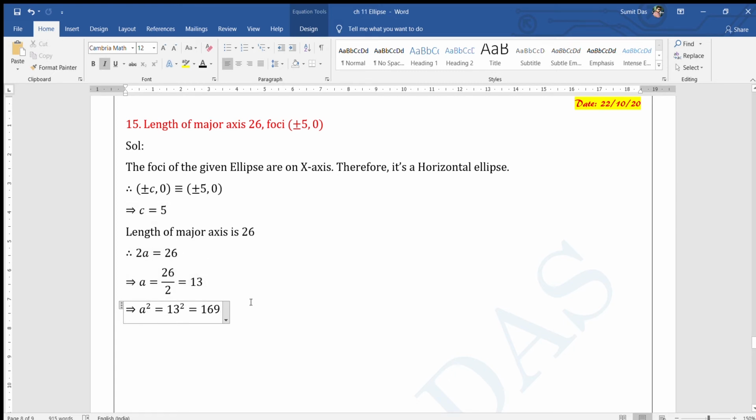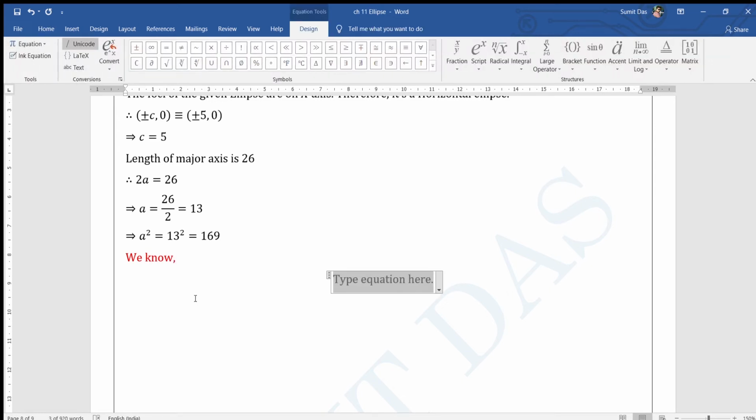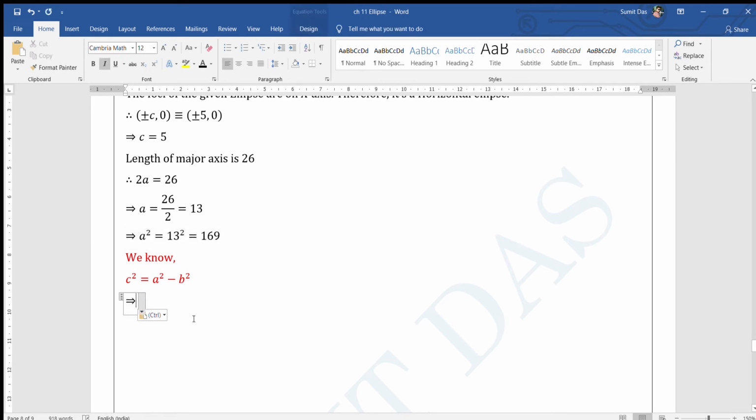Only c is available, so we know c square equals a square minus b square. Just put the values now. c square equals 5 square equals a square, which is 169, minus b square.